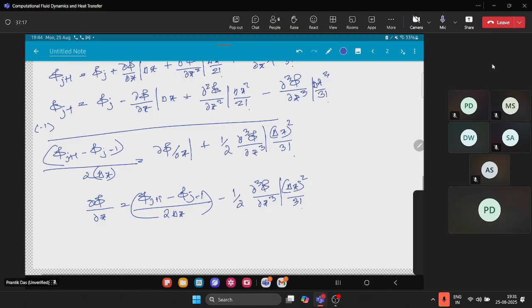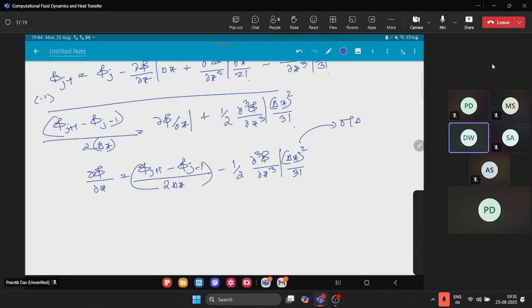So this is of the order of delta x squared, and this is called the leading term error, or order of accuracy of a discretization scheme.